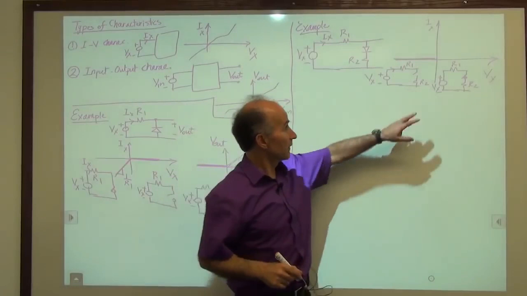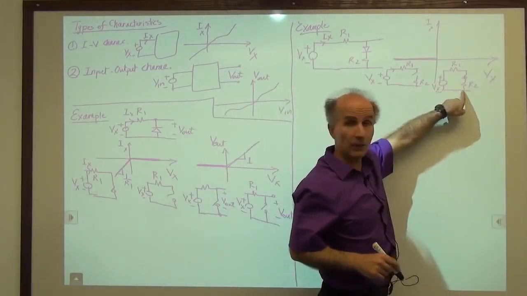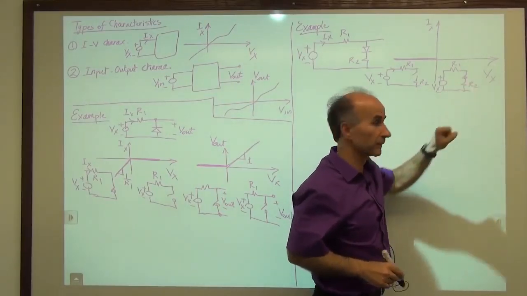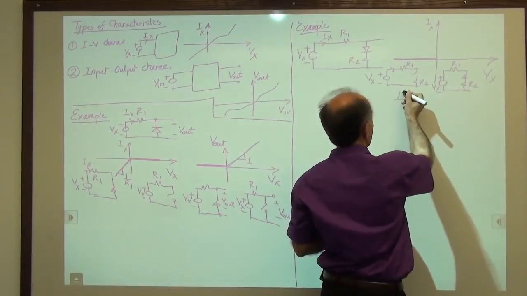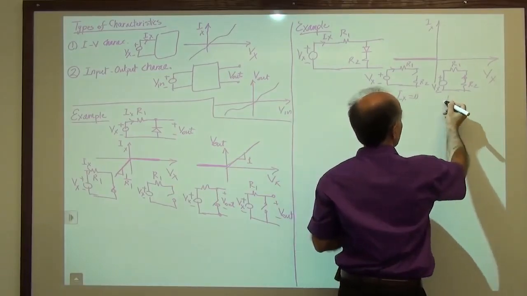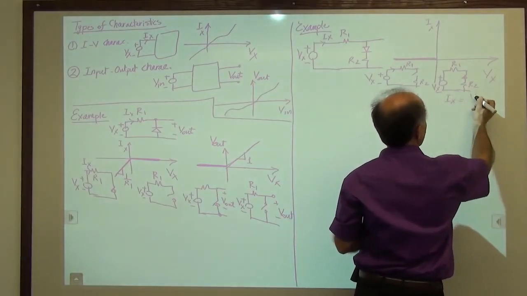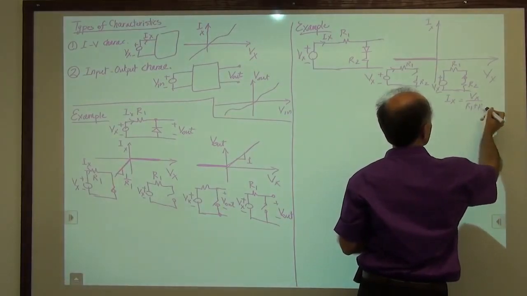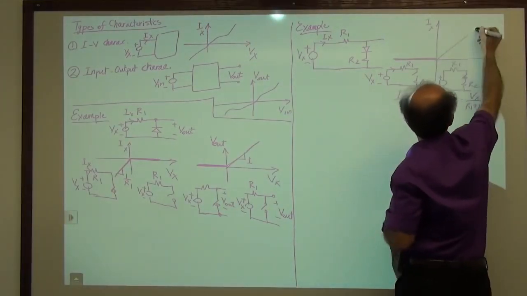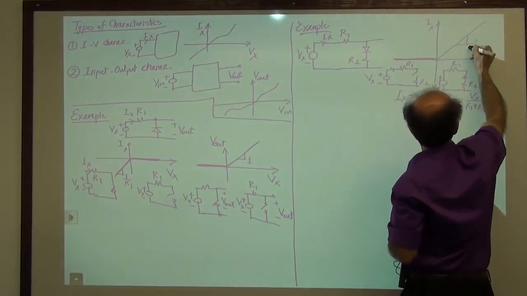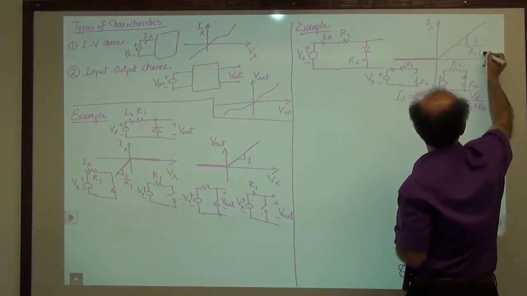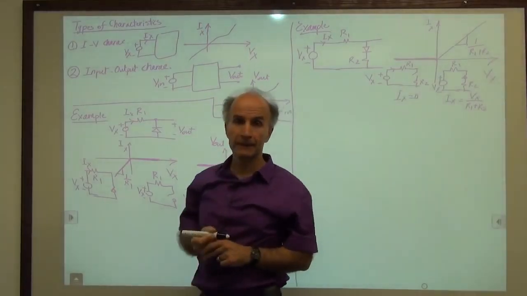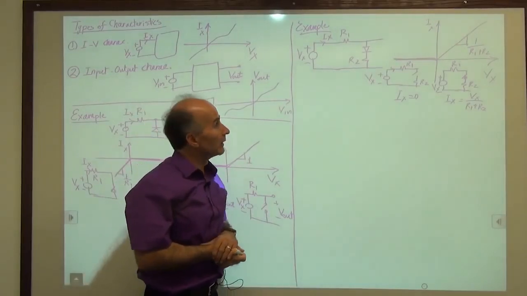Well, we see that Vx sees two resistors in series. So Ix is equal to Vx over R1 plus R2. So in this case, Ix is 0. In this case, Ix is Vx over R1 plus R2. All right, so that's good. We just draw it like this, and this slope happens to be 1 over R1 plus R2. Okay, so that wasn't that bad.